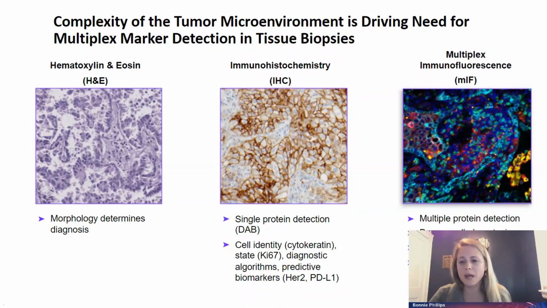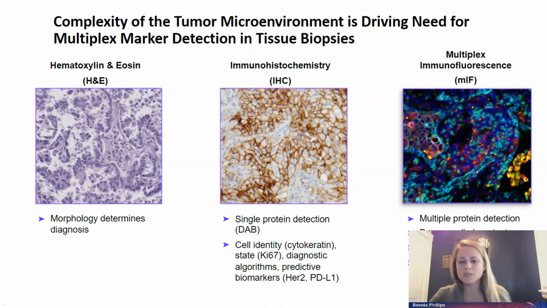And there are many predictive biomarkers in clinical assays that can be used for diagnostic purposes, such as with PD-L1. Of course, the downside here is that there is a limitation to the number of biomarkers that can be included on a single slide. And this really restricts the complex phenotyping that can be performed, as well as the detection of multiple cell types on a single tissue section.